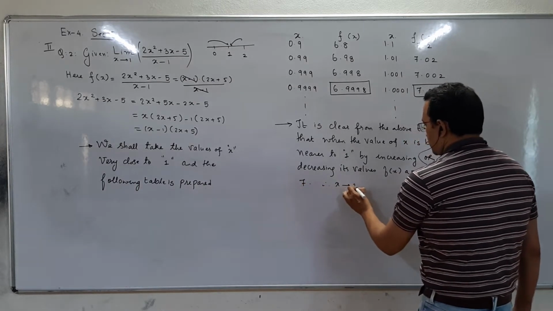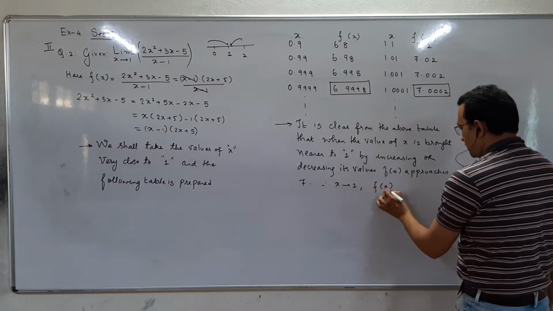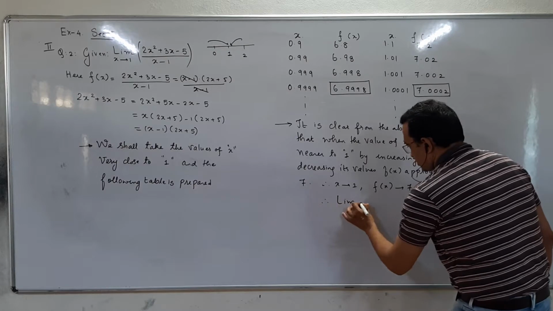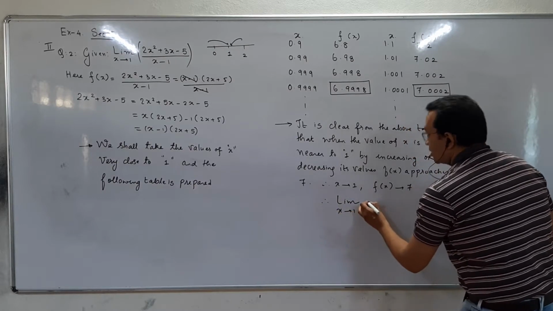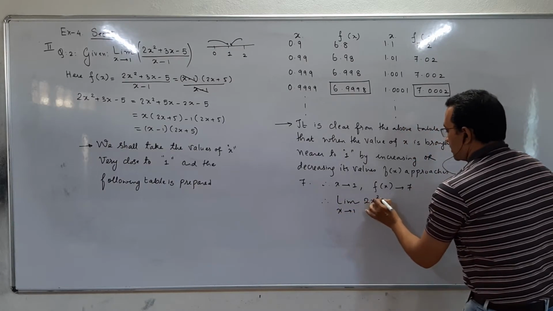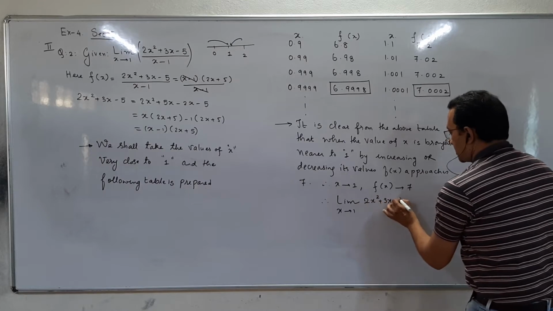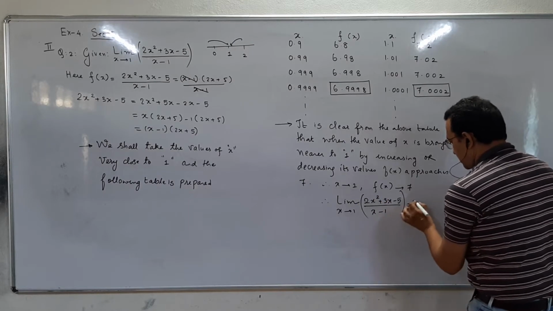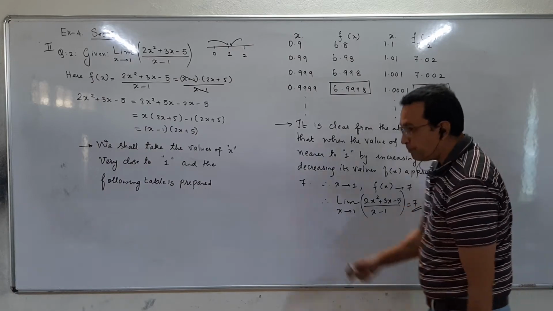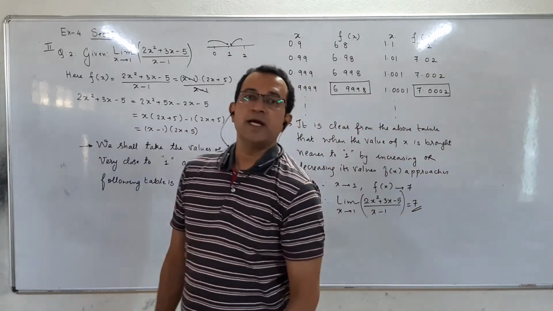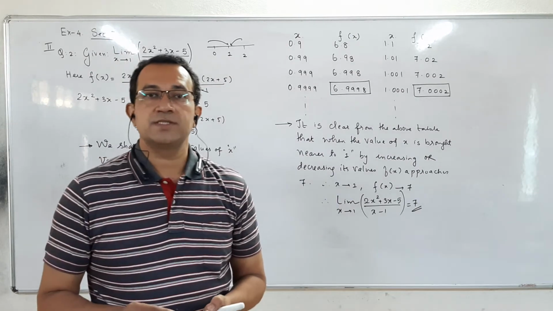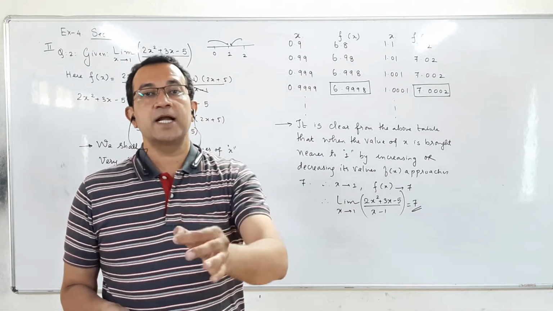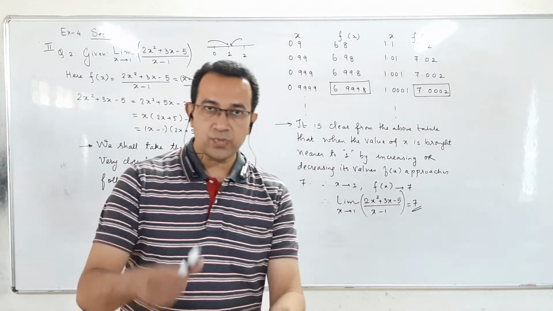Therefore, as x tends to 1, f(x) tends to 7, not exactly 7. So the limit of the function (2x squared plus 3x minus 5) upon (x minus 1) as x tends to 1 is approximated as 7. Students, the limit is never exactly 7, you check.